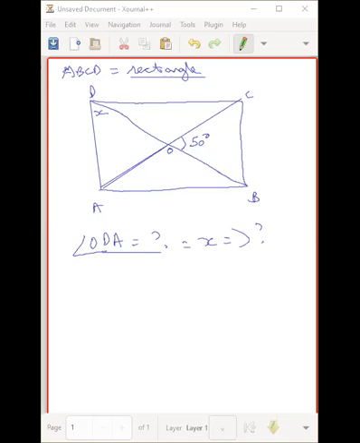Last 1 minute, everyone, a basic simple question. Parth, that is correct now. Rishima, still incorrect. Last 1 minute, everyone.